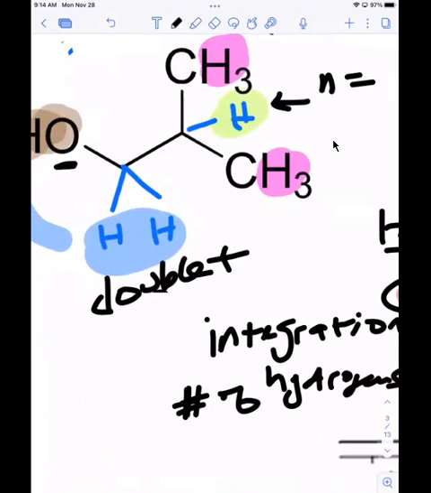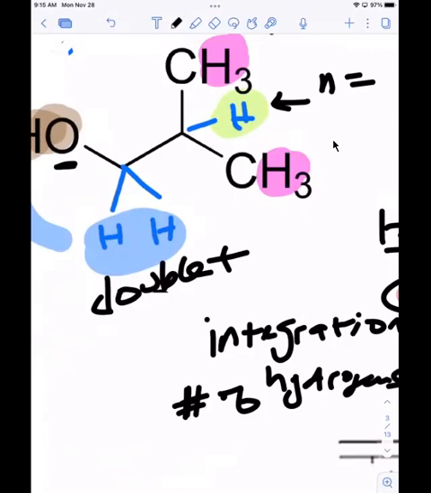But when you're looking at them in reference to another proton, both CH3s count. So you have to count both of those methyl groups as neighbors. So how many total neighbors does that proton have that's highlighted in lime green, or whatever that is? It looks different on my tablet than it does on the screen.